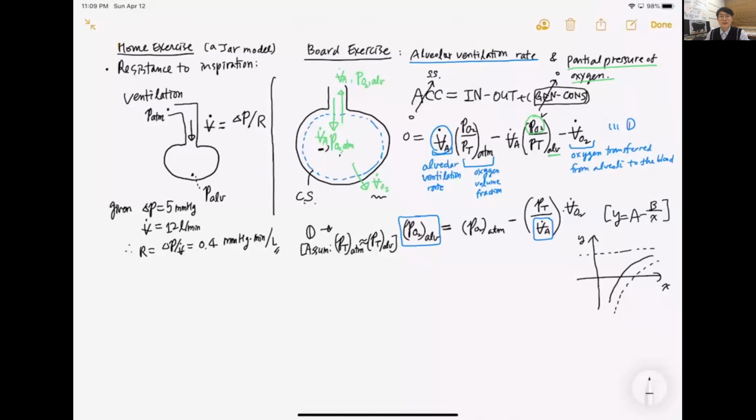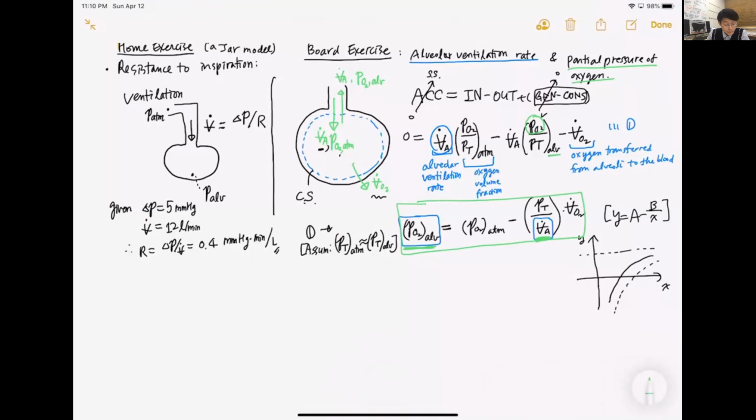Now let's continue about this problem again. So here, this is the master equation connecting the alveolar ventilation rate and the partial pressure of oxygen in the alveolar space.